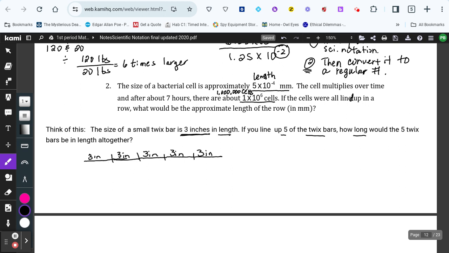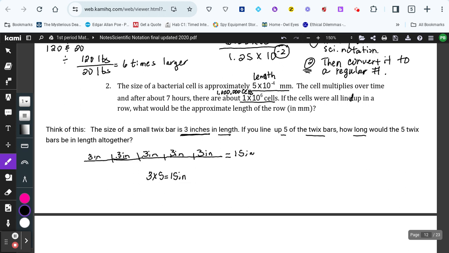So this is me having 5 Twix bars all lined up of the length 3 inches. So how long is that altogether? 3, 6, 9, 12, and 15 inches. All right, so you could add 3 plus 3 plus 3 plus 3, 3 plus 3. But the easiest thing to do is 3 times 5 to get 15 inches.